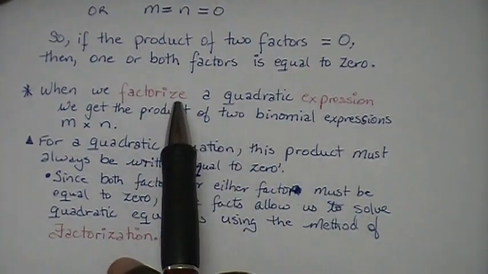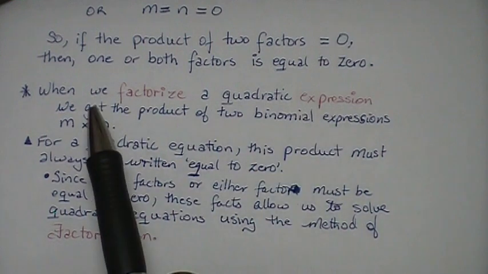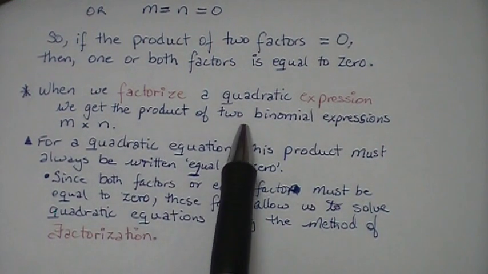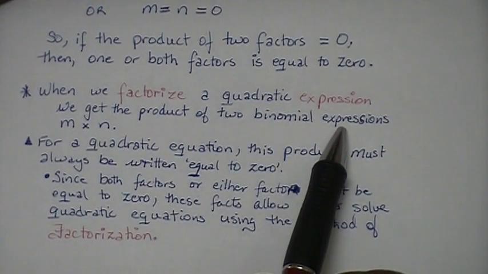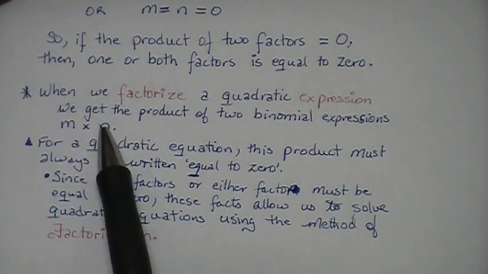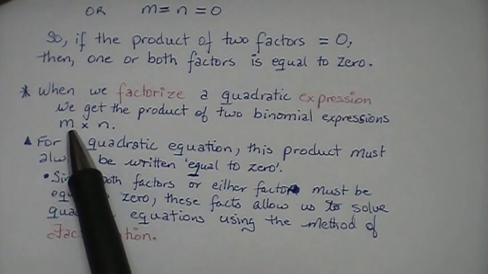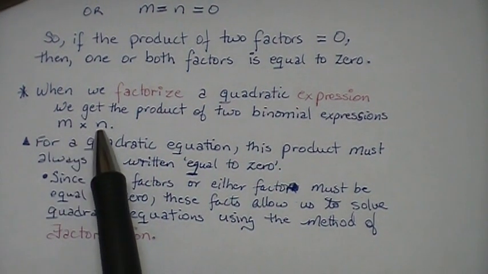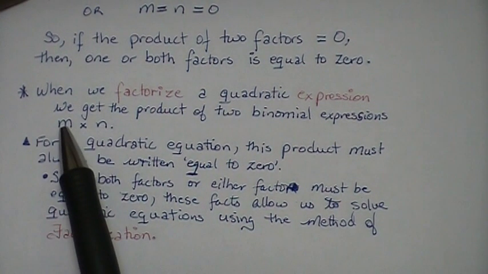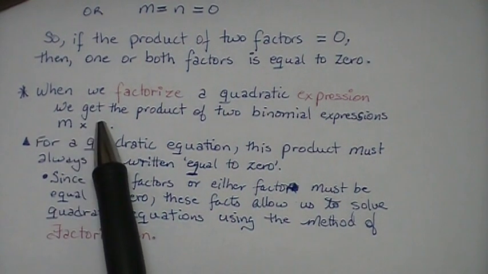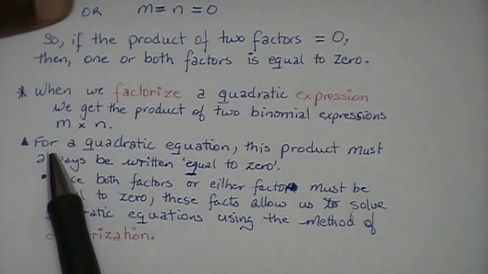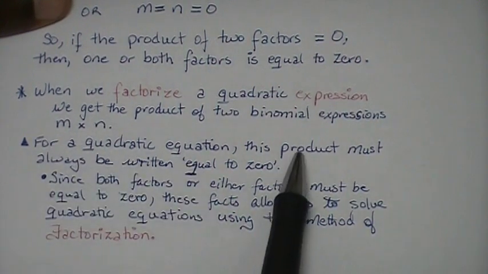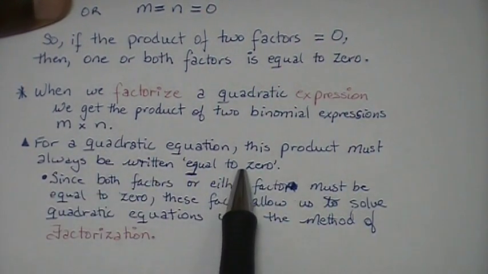Now, when we factorize a quadratic expression, what do we usually get? We usually get the product of two binomial expressions. Let's call them m and n. But we know what binomials are, right? Two terms in a bracket, multiplied by two other terms in a bracket. But we're taking those binomials as m for one and n for the other as factors. So for a quadratic equation, this product must always be written equal to 0.